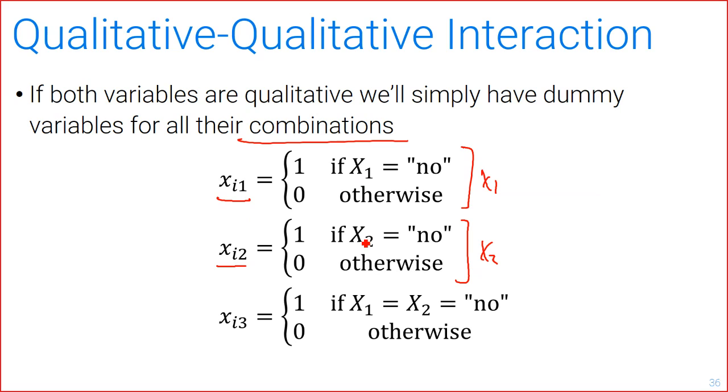And then we're going to have a third variable, x3, that models the case in which both of them are a no. The specific combination x1 equals no, x2 equals no. This will be modeling the interaction. So again, this is the main effect of x1, main effect of x2, and this is the interaction.